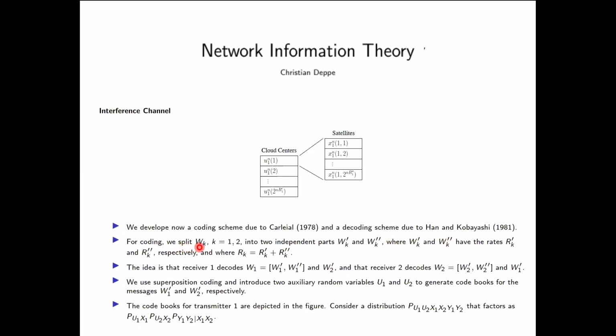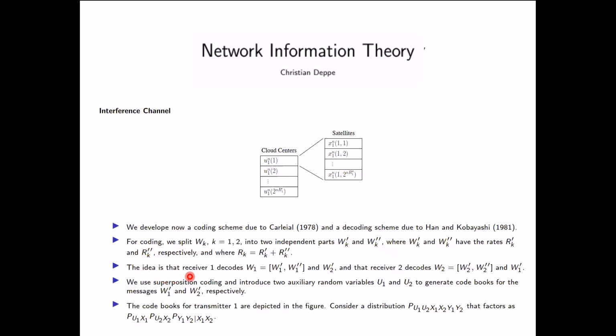We split the two messages, W1 and W2, into two independent parts, W1' and W12', and W2' and W22'. And Wk' and Wk2' have the rates R'k and R2'k for k equal 1 and 2.